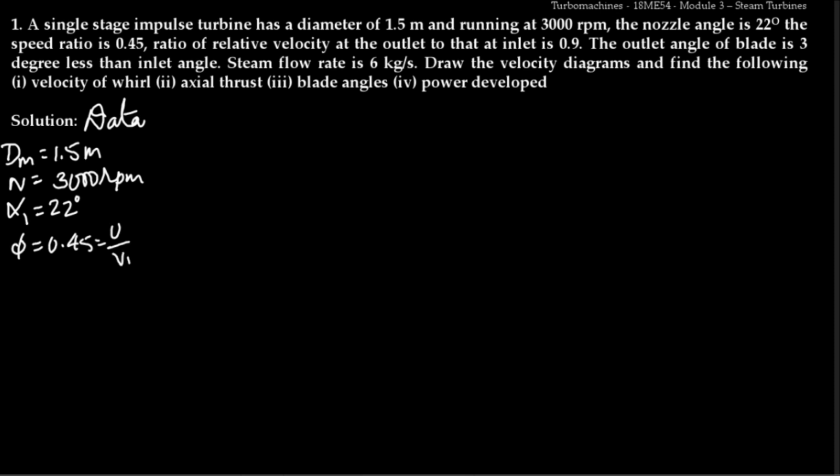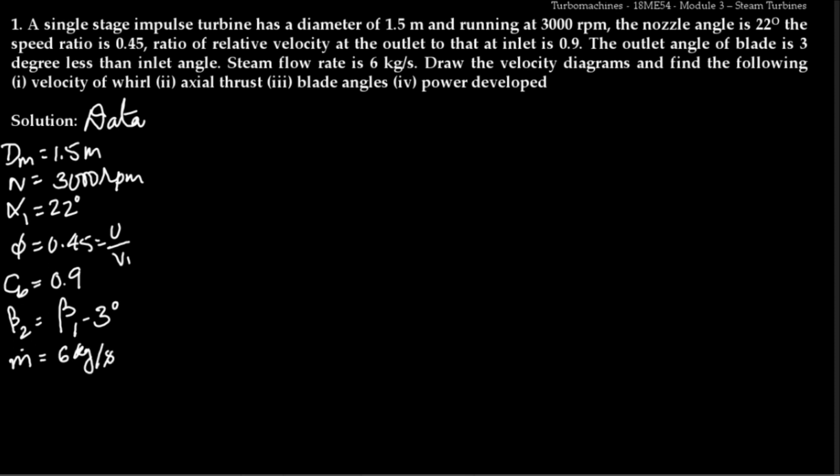Then the ratio of relative velocity is given, which is CB, that is 0.9, and the outlet blade angle is 3 degree less than that of the inlet, that is beta 2 will be equal to beta 1 minus 3 degree. The steam flow rate is given, that is m dot, mass flow rate of steam, is 6 kg per second.